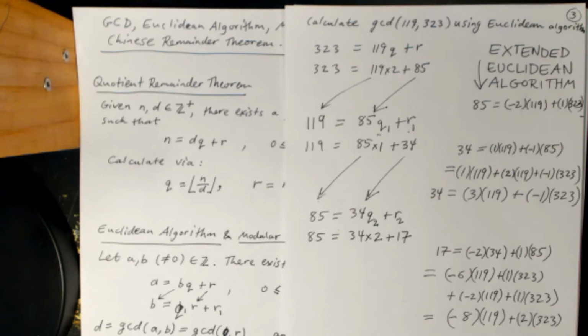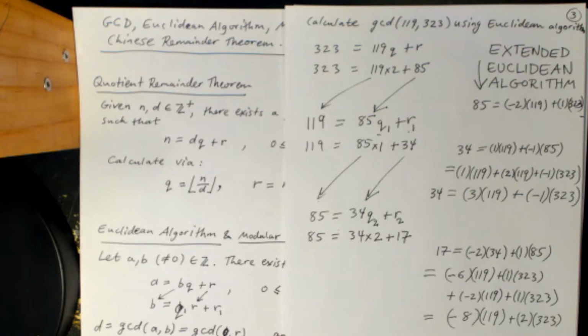I better check this because I had some doubt there. So I'll get on my computer and check this. So 323 times 2 minus 8 times 119 is not quite right.